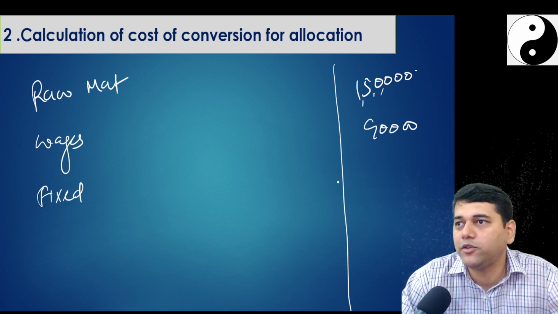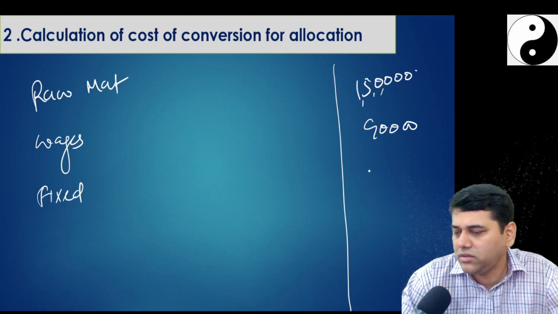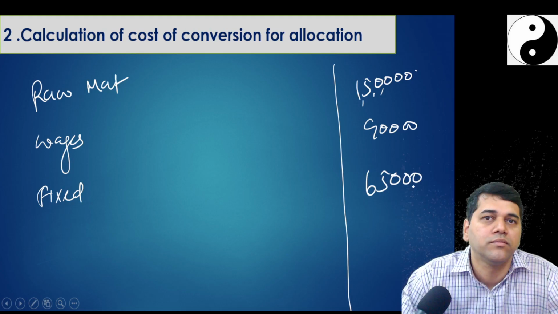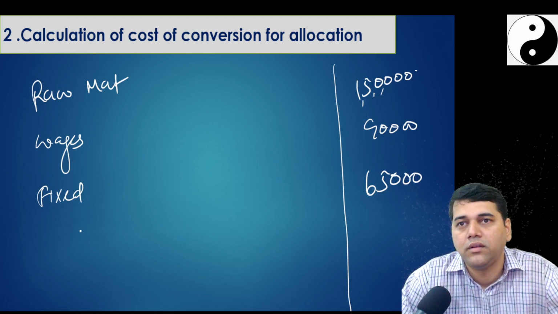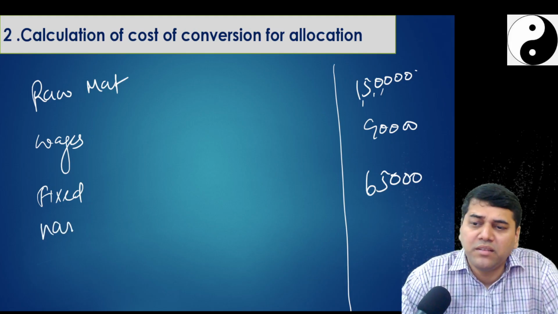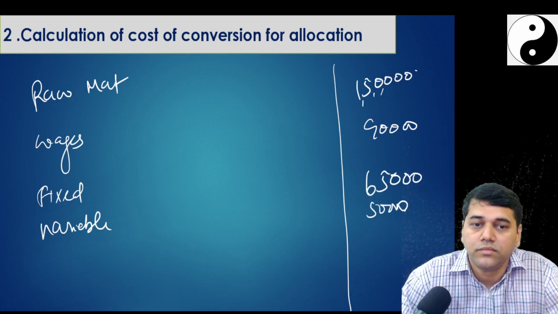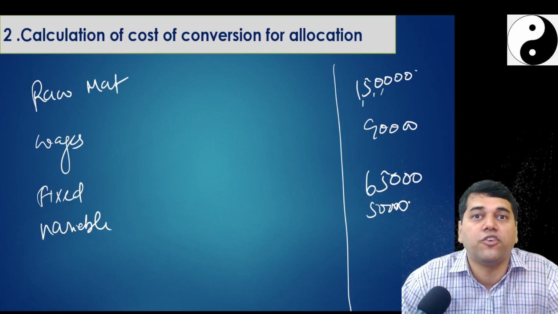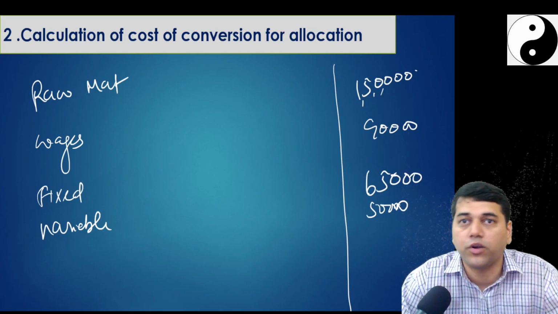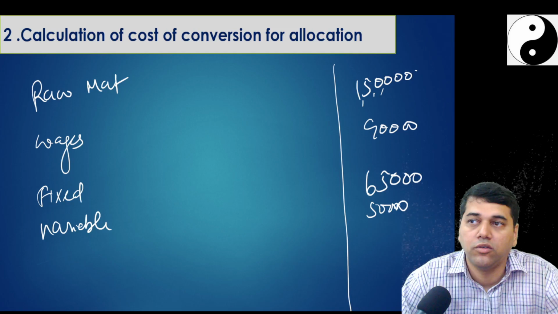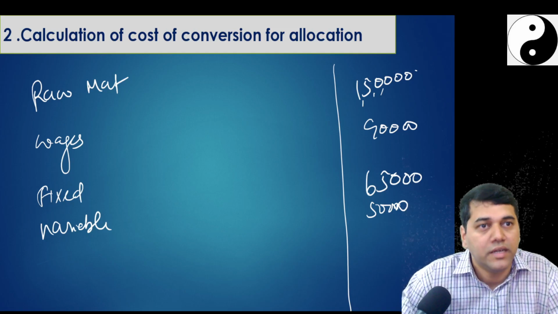Now immediately you should see what is my capacity. Have they told you? No. Take full 65, assumed to be achieved to be normal capacity. Variable, doesn't matter. Capacity is secondary for me, 50,000. So this is my cost of conversion of your two productions, that MP1 and MP2. Whatever I produced, MP1 and MP2, its cost.